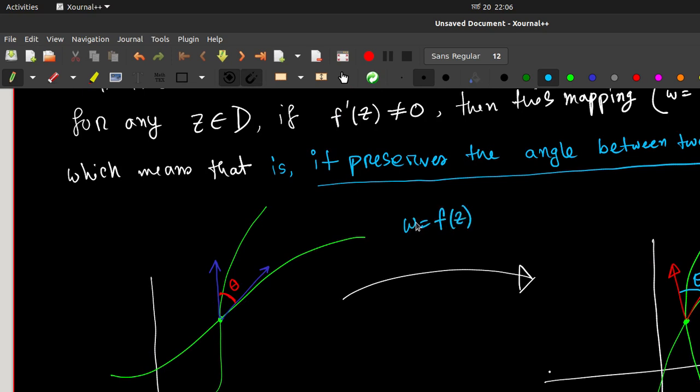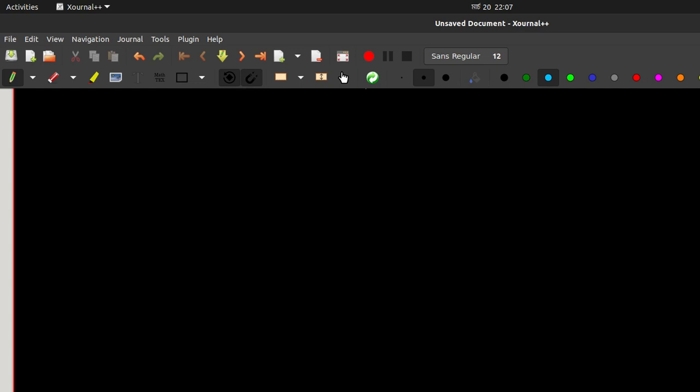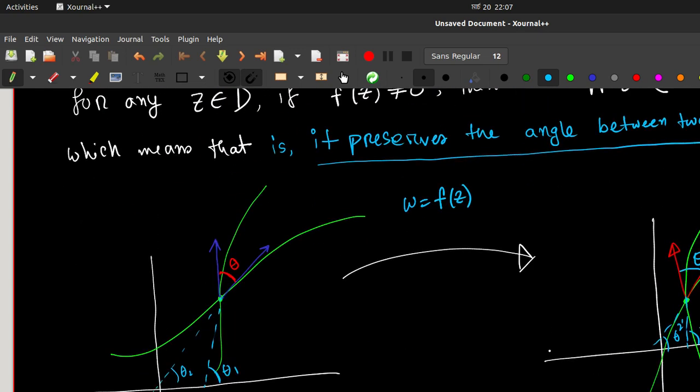If we can analyze what happens to this argument, let's say theta 1, then by a similar analysis we would be able to find what happens to theta 2, and from there we can see what will actually happen. Let's call these theta 1 prime in the mapped frame and theta 2 prime like this. So the first thing we want to see is how these tangents rotate under this mapping.